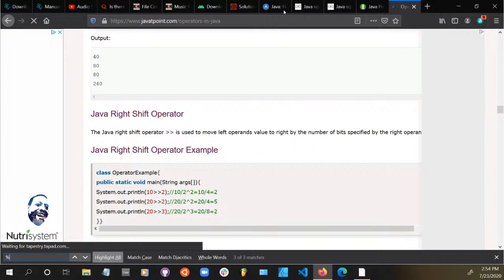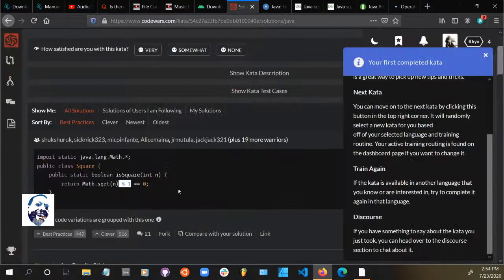So if you look back here, he's saying n remainder 1 equals 0. Remainder 2. Why does he choose 1? Why not n percentage sign n equals 0?